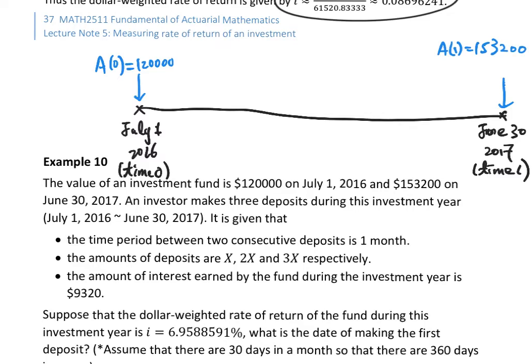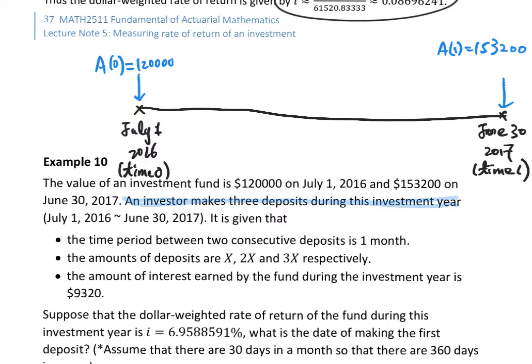Of course, we expect it will be caused by the interest earned and probably the additional deposits. In this problem, you are given that over this year, the investor has made 3 deposits in this investment year. You are also given that for these 3 deposits, first of all, the time period between 2 consecutive deposits is 1 month.